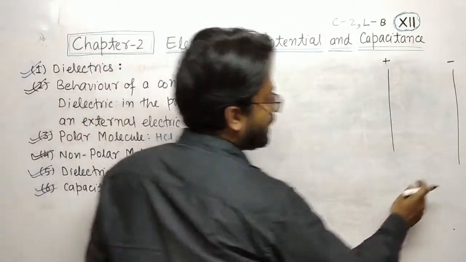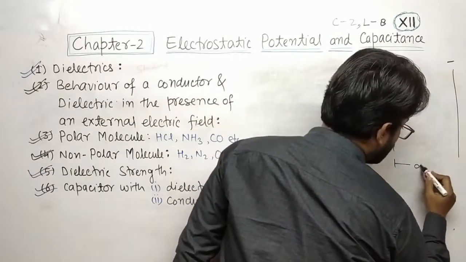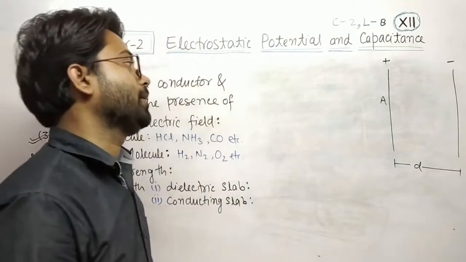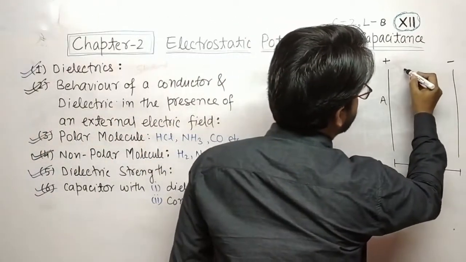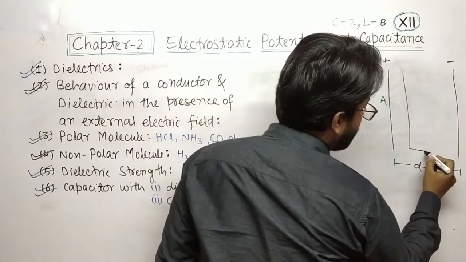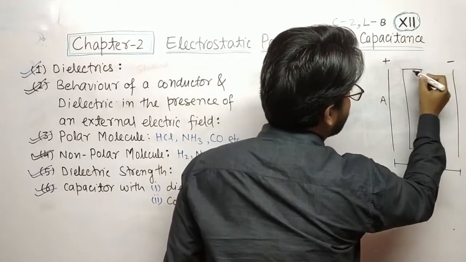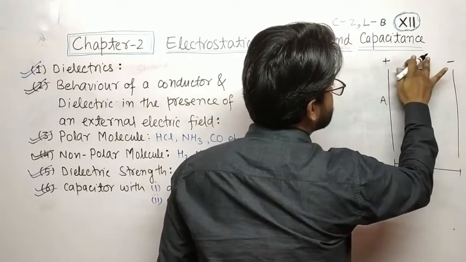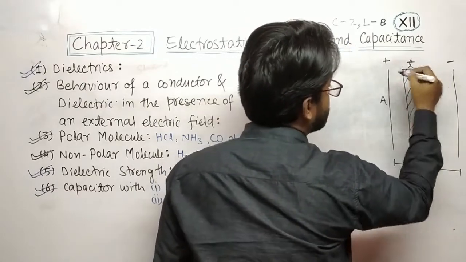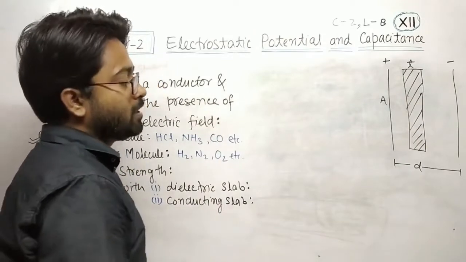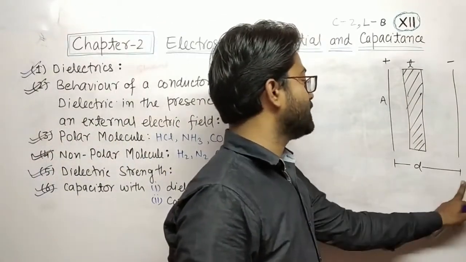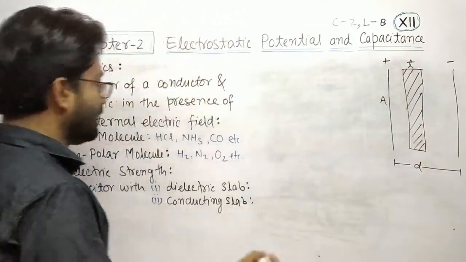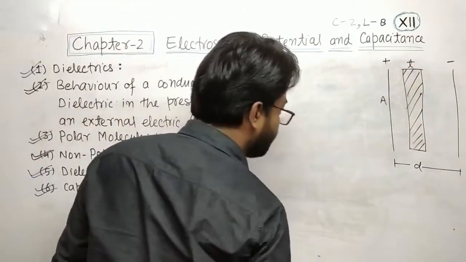This is a capacitor, and the distance between these two plates is d, and the area of the plates is A. And let us suppose we fill a dielectric material in between the plates. The total distance between the plates is d, and the thickness of the dielectric material is t.